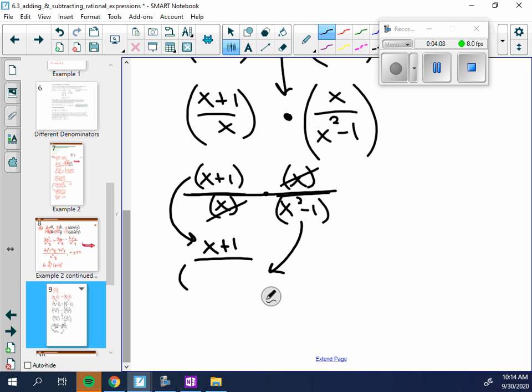It's difference of squares, so it'll be x plus 1 with an x minus 1. And the x plus 1 cancels. Okay, what's my final answer? It's not x minus 1. It is 1 over x minus 1, because x minus 1 is left, but it's in the denominator. So it's 1 over x minus 1.